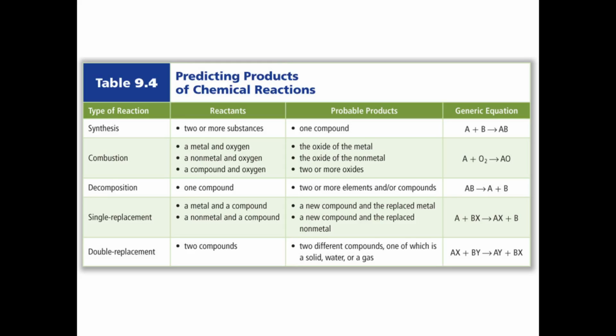For decomposition, we're always forming smaller elements and compounds. Single replacement, we have to use the activity series to assess whether it's going to happen or not, and we're going to have a new compound that's formed when something replaces something in the original compound. And then double replacement always is going to yield a solid, liquid, or a gas. Solid is called a precipitation reaction.